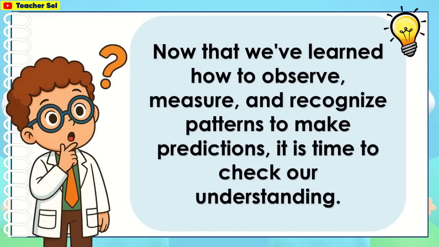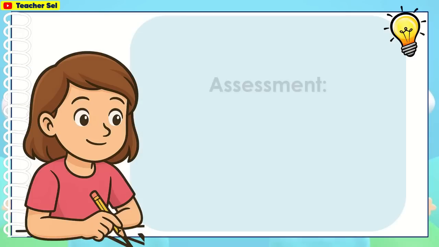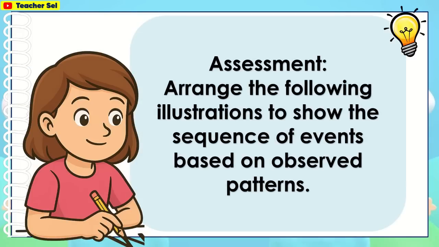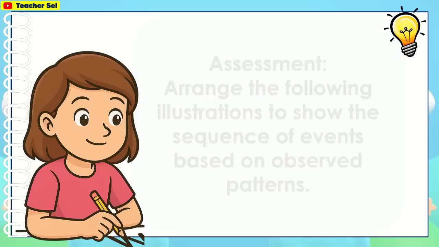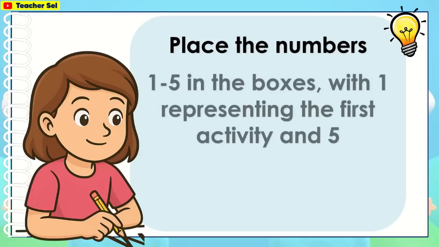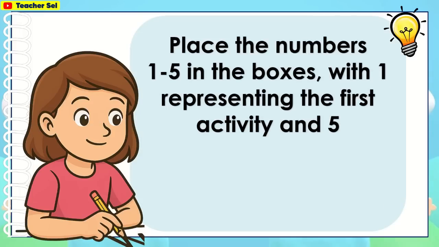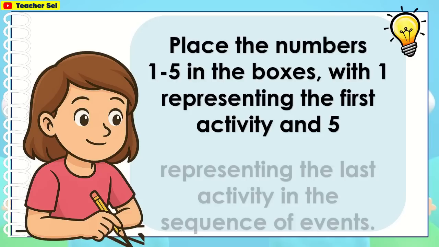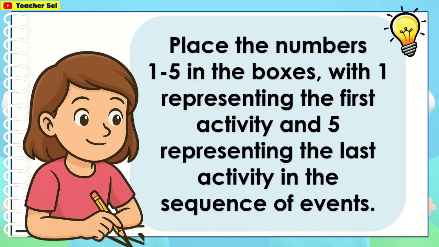Now that we've learned how to observe, measure, and recognize patterns to make predictions, it is time to check our understanding. For your assessment, arrange the following illustrations to show the sequence of events based on the observed patterns. Place the numbers 1 to 5 in the boxes, with 1 representing the first activity and 5 representing the last activity in the sequence of events.